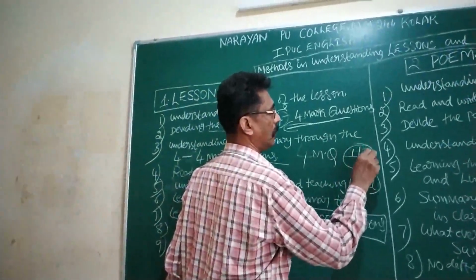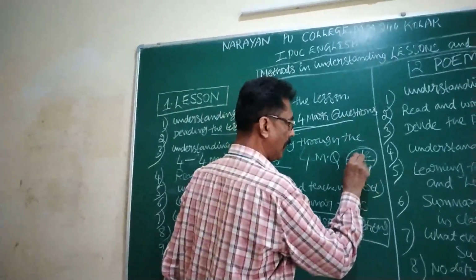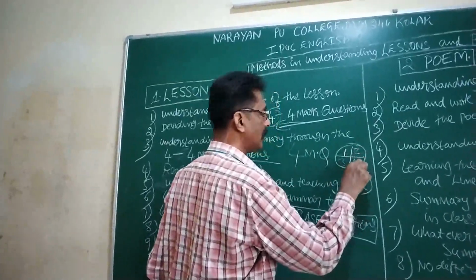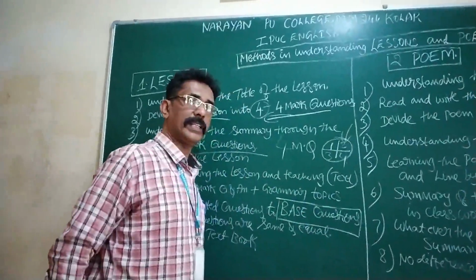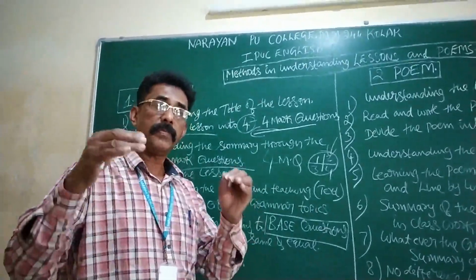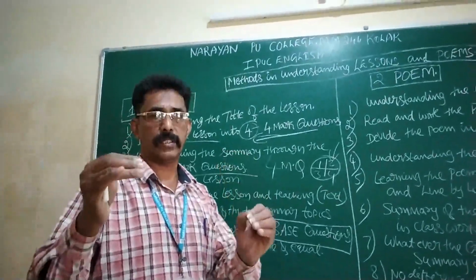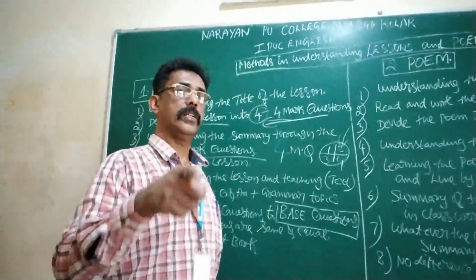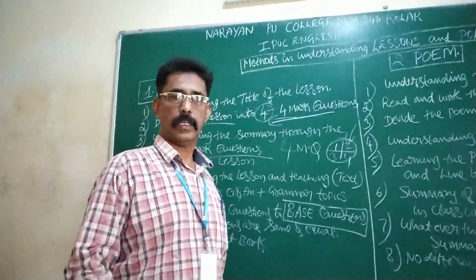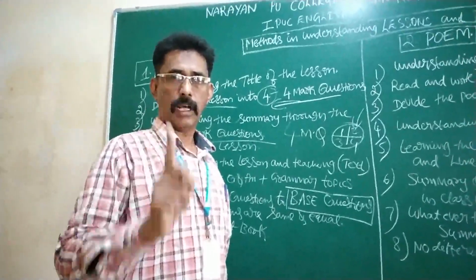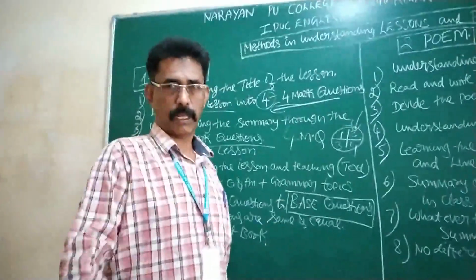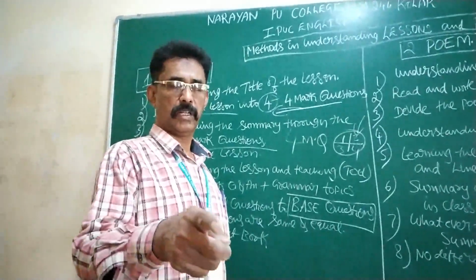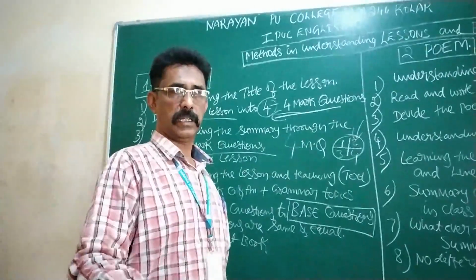Question number 1, 2, 3, 4. With the help of these 4-mark questions, we will complete saying the summary before starting teaching the lesson. Tell me now, did you ever get this idea in your life? It is why watch the video, learn the concepts very well. Otherwise, you can never do better in English.